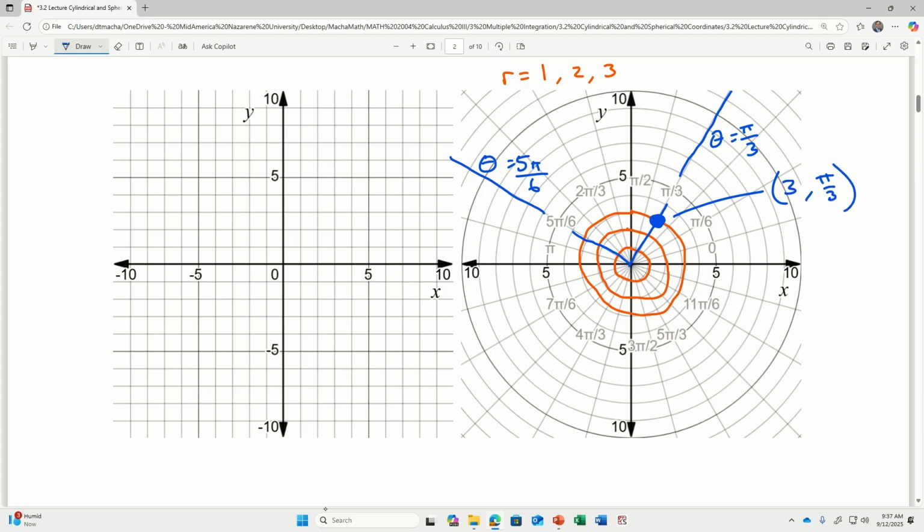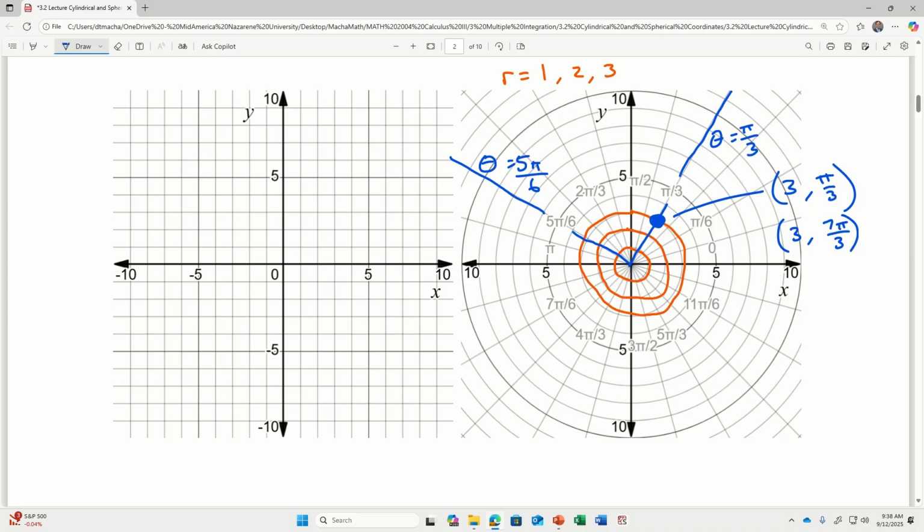But I could also call the same point r of 3, theta of 7 pi over 3. Does that make sense? Because if I were to rotate 7 pi over 3 from the positive x-axis, I make a full rotation in 2 pi, and then an extra pi over 3 points me in the same direction.